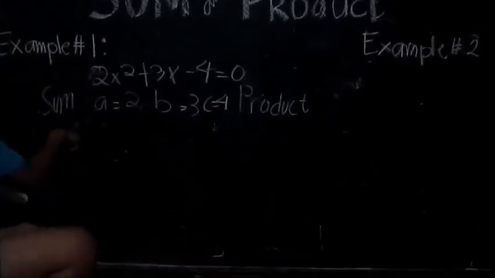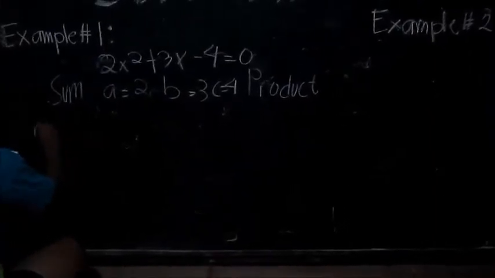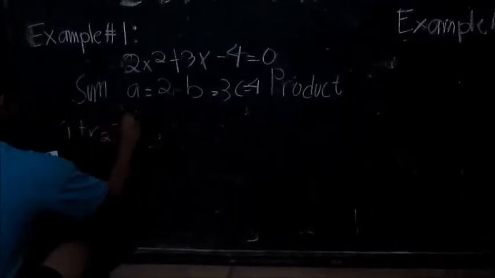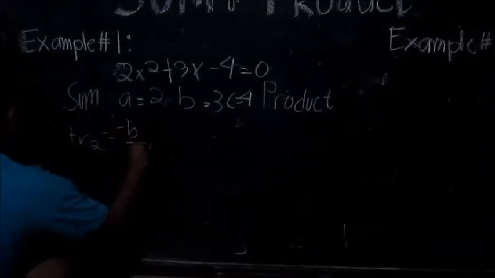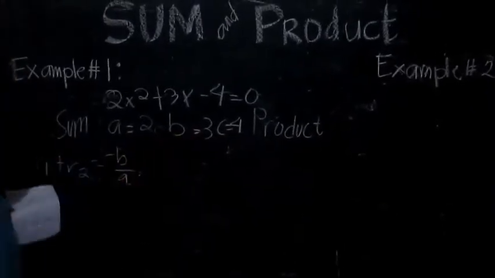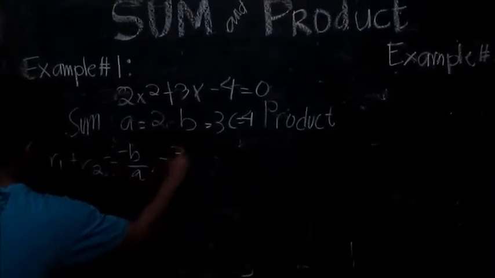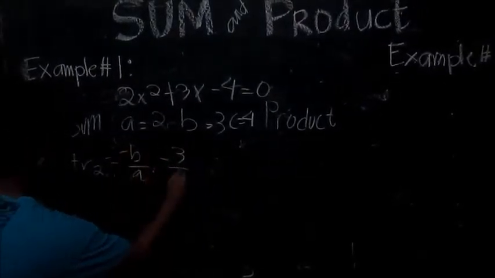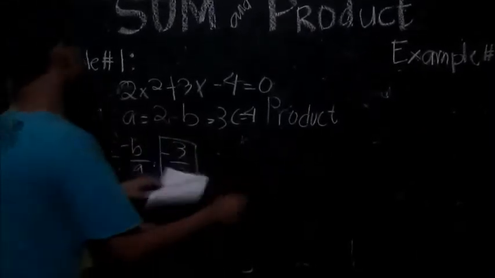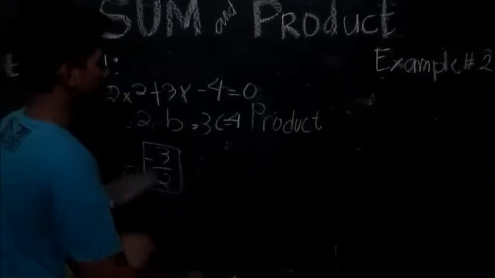So in sum, we have the solution formula rather, root 1 plus root 2 equals negative b over a. So the negative b here is negative 3, so negative 3 over 2. So that is the sum of the equation 2x squared plus 3x minus 4 equals 0.